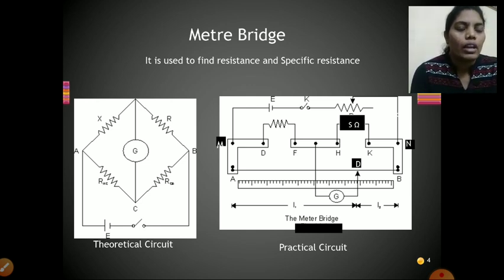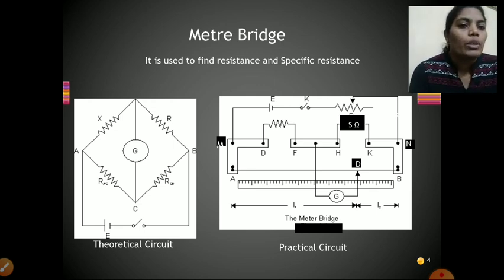As we all know, at the balancing condition of the Wheatstone bridge there is no current passing through the galvanometer. So we need to find this balancing point at which there is no current passing through the galvanometer.